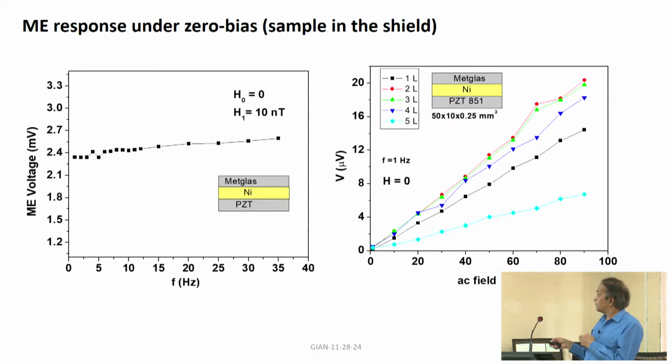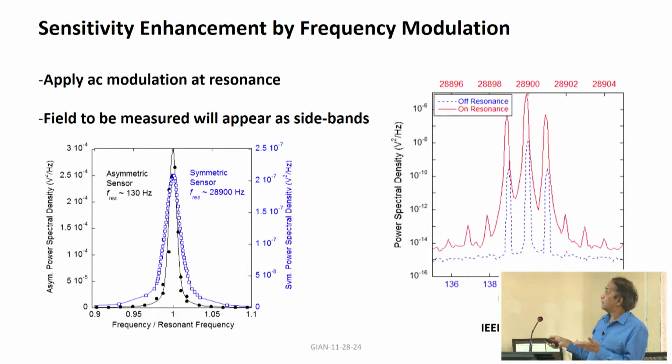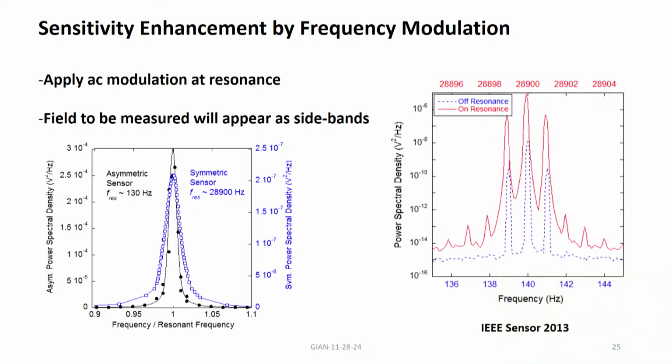And this is the case when it is operated not at resonance, but at low frequency, at 1 hertz. Now, this is the case at resonance, where there are 2 AC magnetic fields, one that drives the sensor element to resonance, and in this case it is bending resonance occurring at 130 hertz.